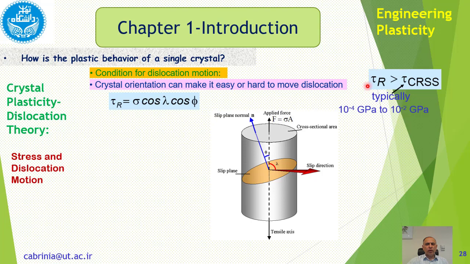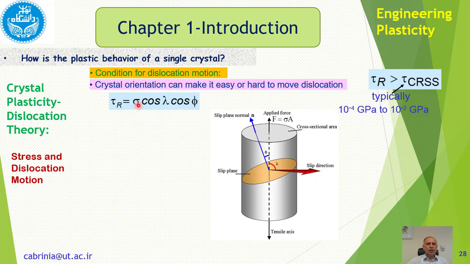Now we have this certain value in here, tau CRSS, critical resolved shear stress. If tau r reaches this value, which typically is between 10 to the minus 4 gigapascal to 10 to the minus 2 gigapascal, then slip occurs.